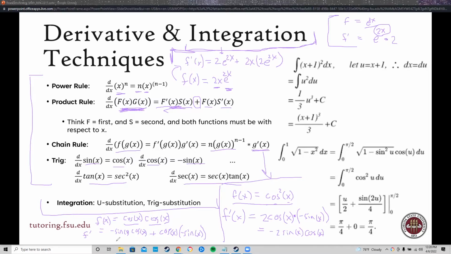Both terms are actually the same, being negative sine of x cosine of x, so when you combine them together, you get negative 2 sine of x cosine of x, which is exactly what we have over here. So just a fun example of how you could take the derivative of a function of x 2 different ways, employing 2 different techniques.